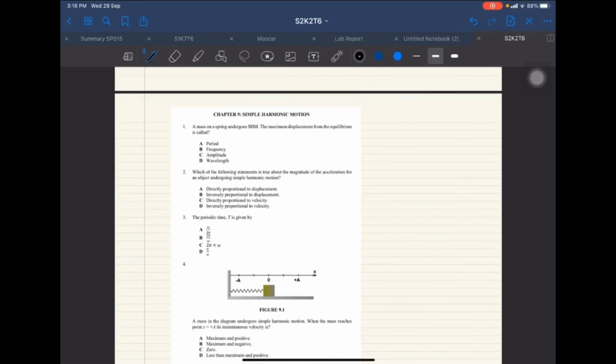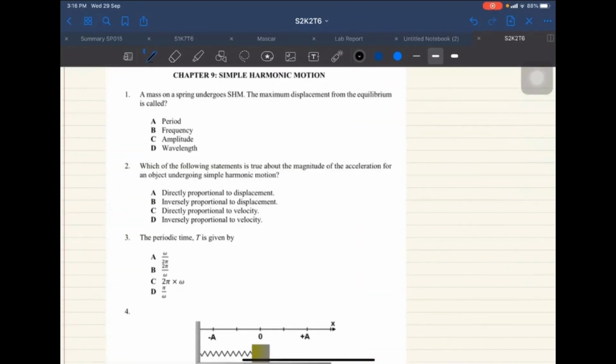So for question 1, kita baca belum soalan question number 1? Dah, sir. Okay, a mass on a spring undergoes a simple harmonic motion. The maximum displacement from the equilibrium is called apa? Amplitude. Yes, that one's easy lah.